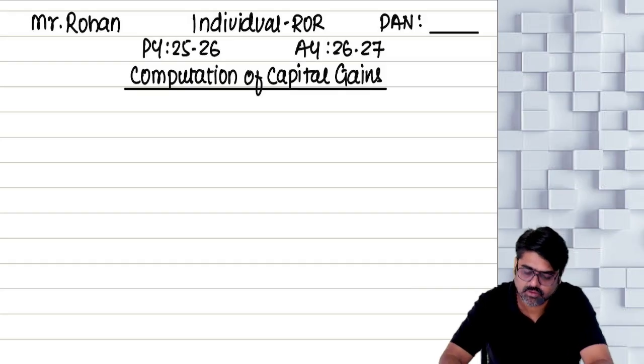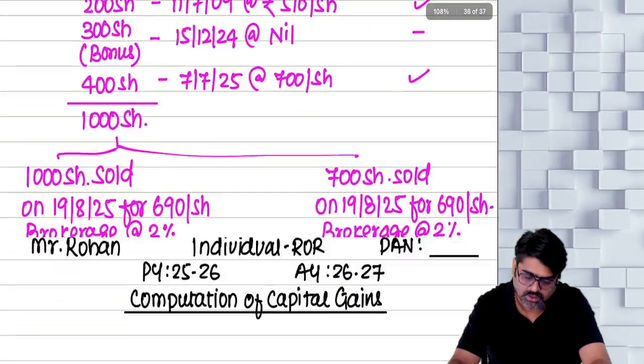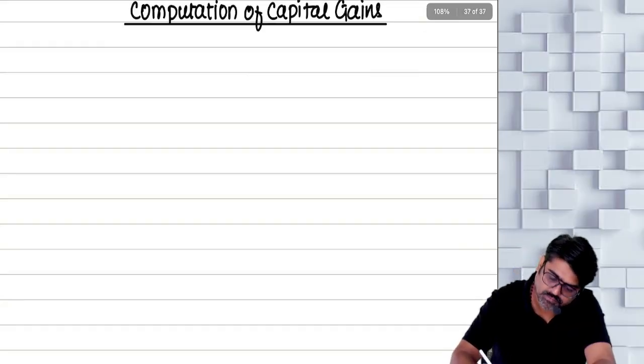Now tell me, how many shares he is having? 1000, no? All the 1000 shares are sold, meaning all the lots are sold. 100, 200, 300 and 400.